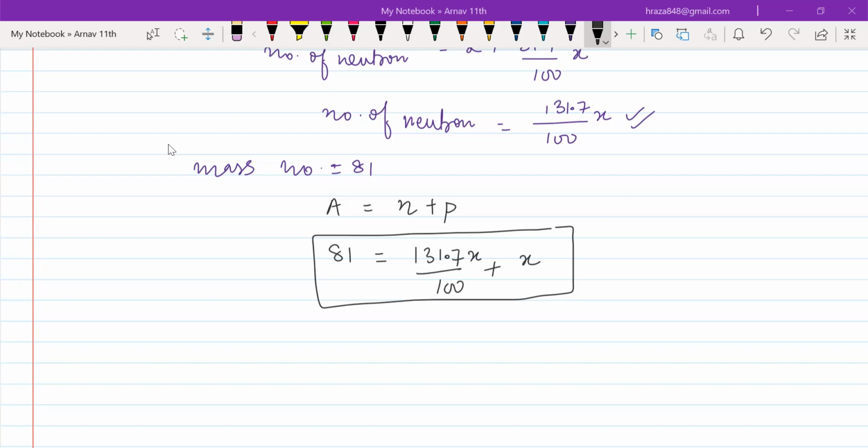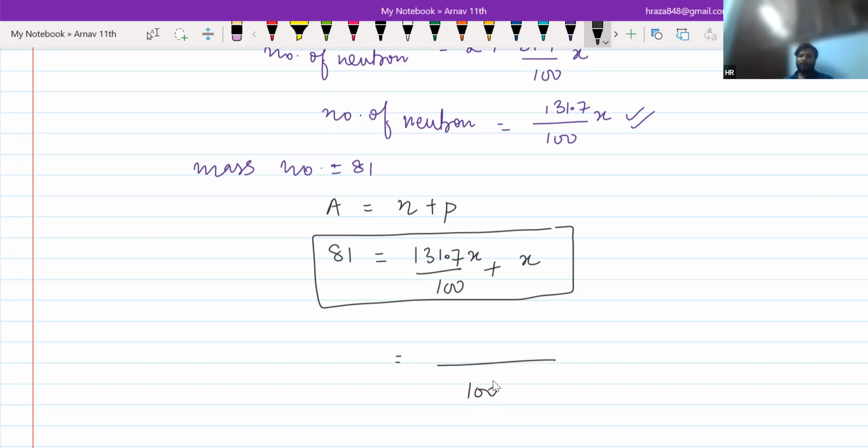Sir, is it 78.68? The value of X? Sir, it's 35. Yes, it is. It is 35 point something. If you're going to take LCM, it will be 100, and then 131.7x, then 100x. It will be 81.